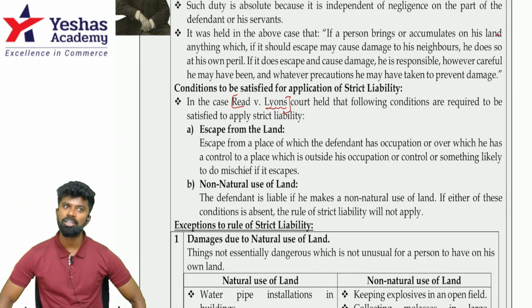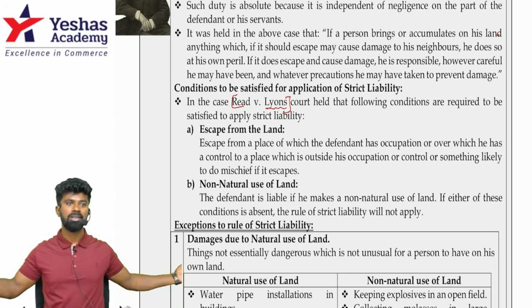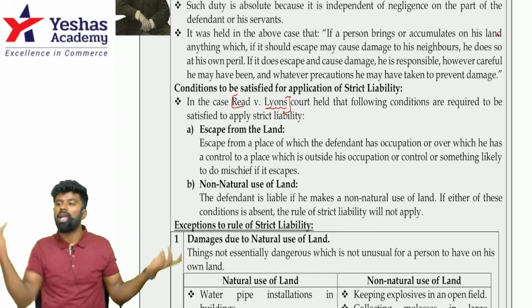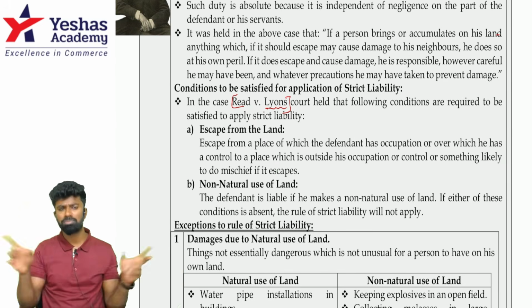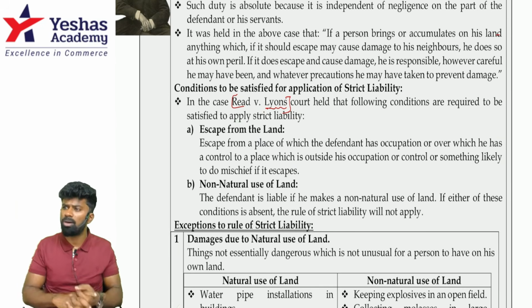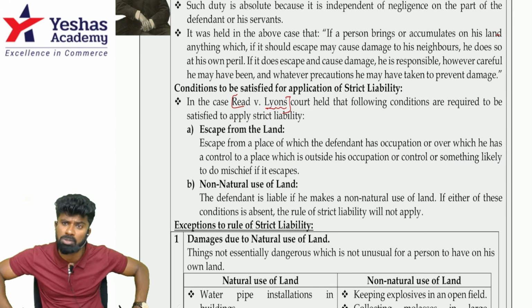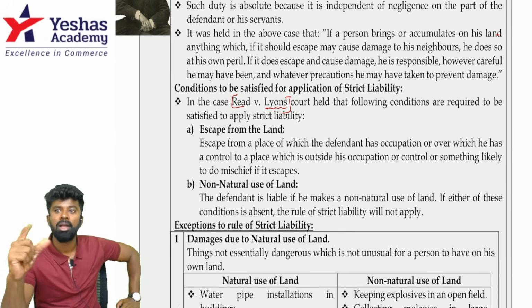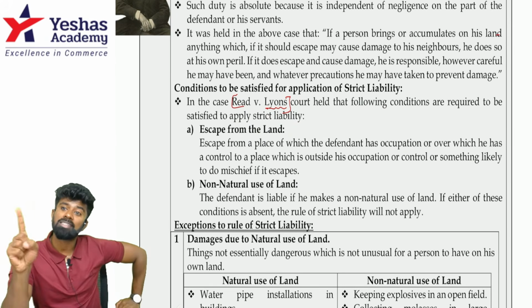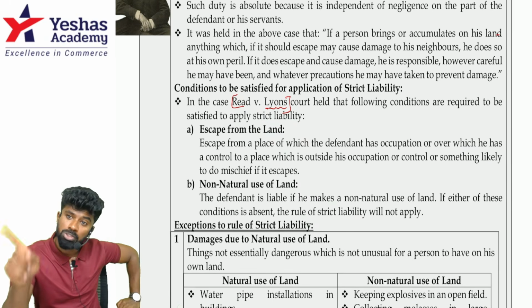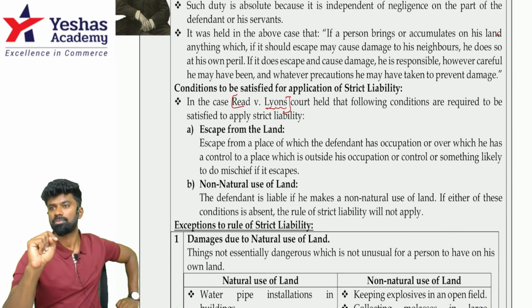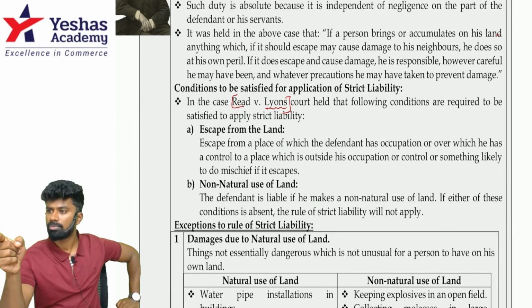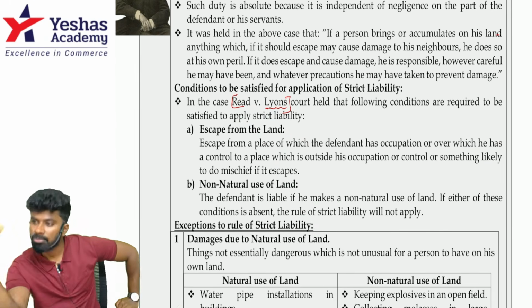What if you did not have the intention of playing it, but suddenly it happened, there was some malfunctioning of the system? Are you responsible or not responsible? Because it is a dangerous substance. Keeping amplifiers at home is a non-natural use of land.